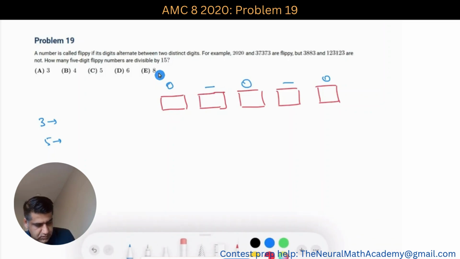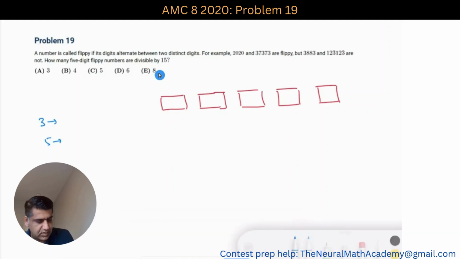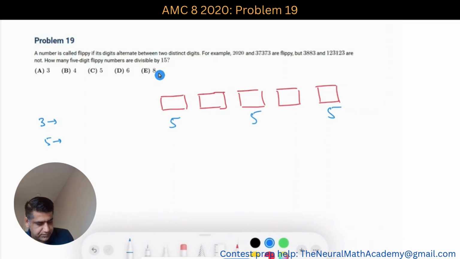So this is not an option. It means that we will only have numbers ending with 5. So then I can write 5, 5 and 5. Now I need to see what number I can fit in these two spaces.